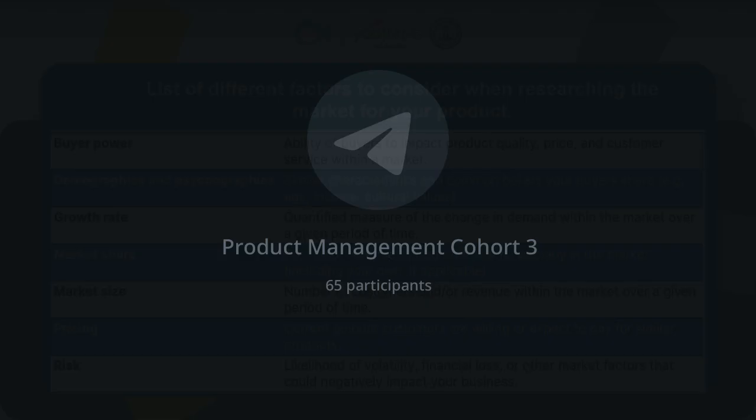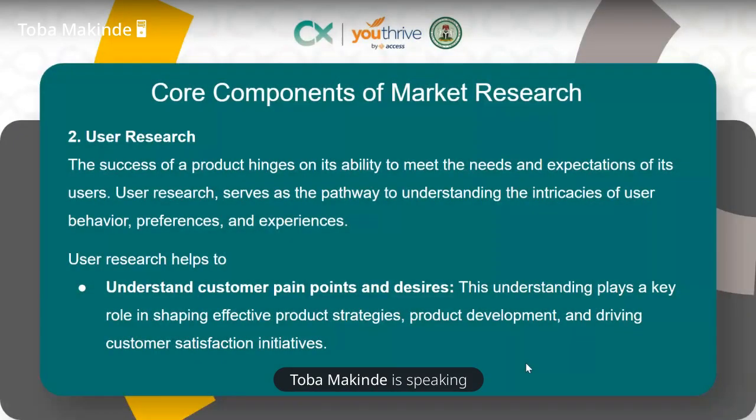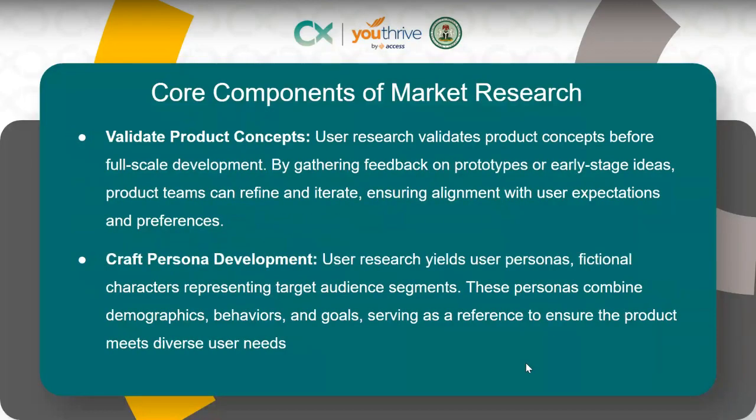All right. So I stated the 4 components of market research. I'm talking about user research now. I know we already talked extensively about this. I'm just going to gloss over it, which is pretty much understanding the pain points and the desires of your customers. We already touched on how to do this research in our last class.